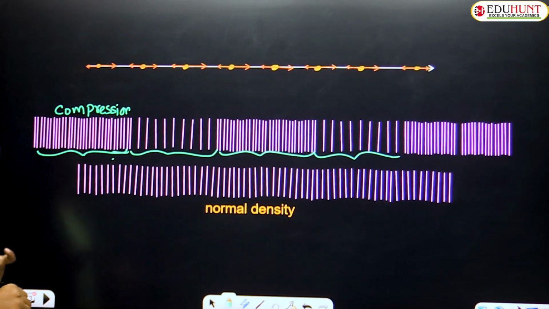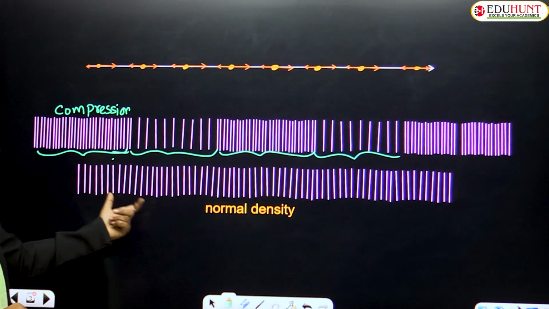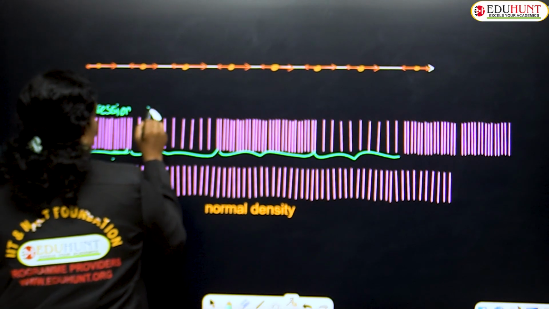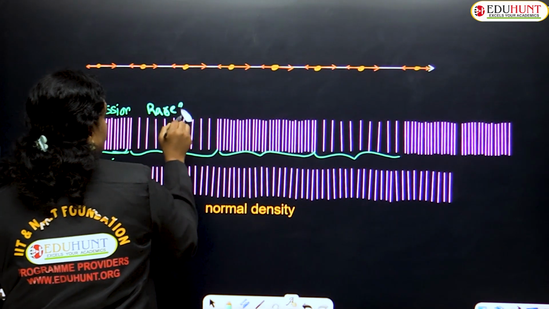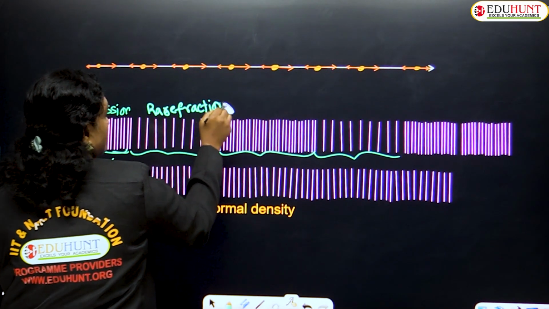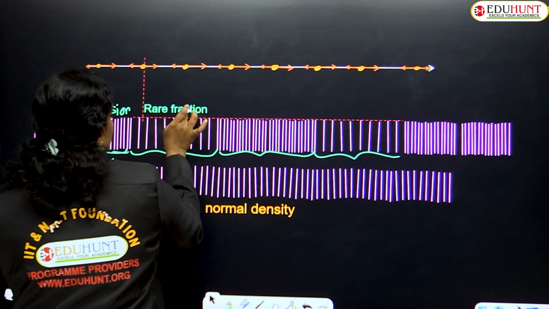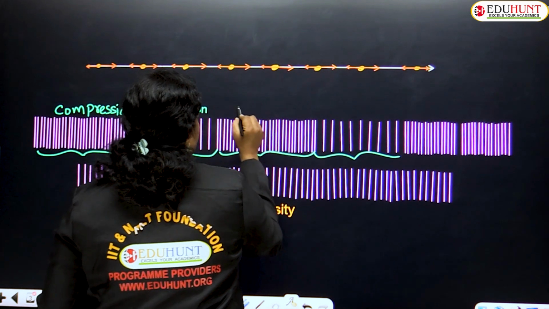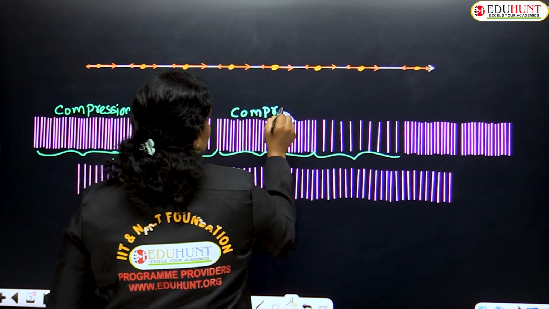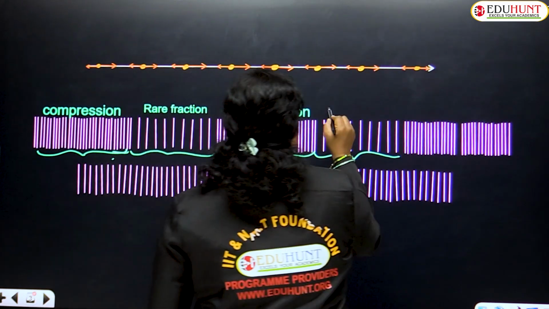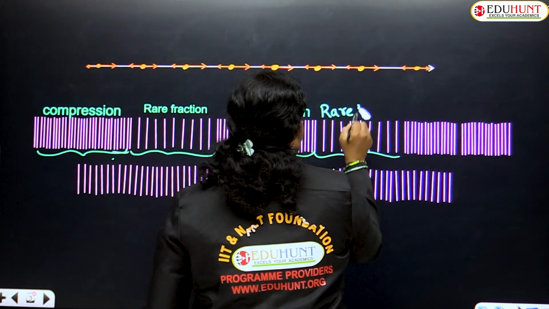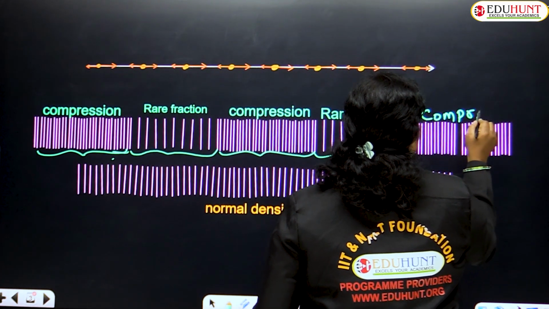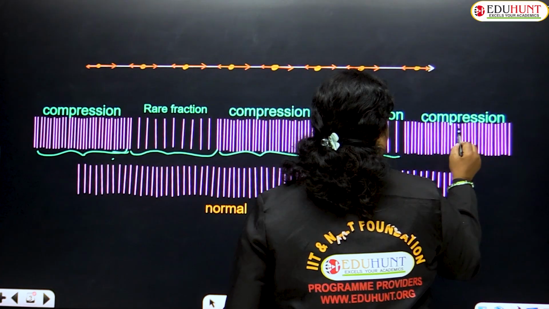Wherever the density of the particles is larger when compared to the normal density, they are named compressions, and the area where the density is lesser when compared to the normal density is termed a rarefaction.